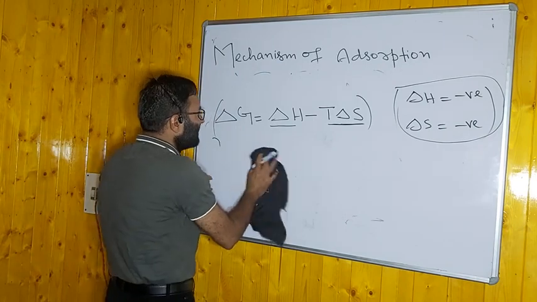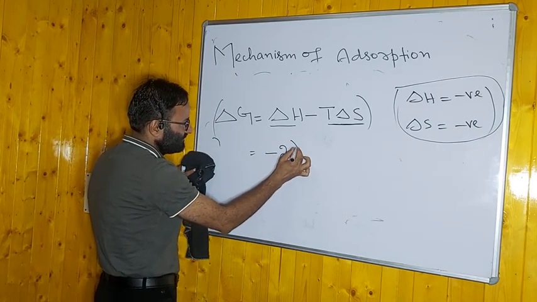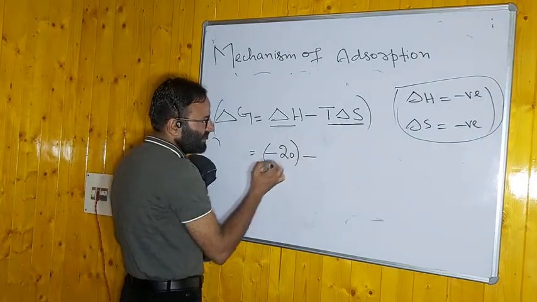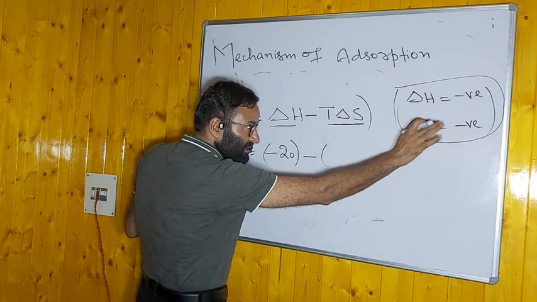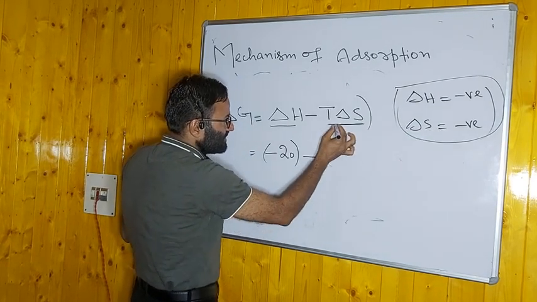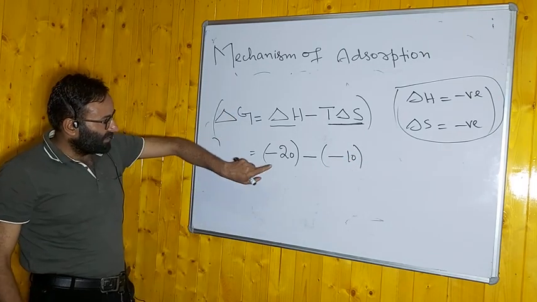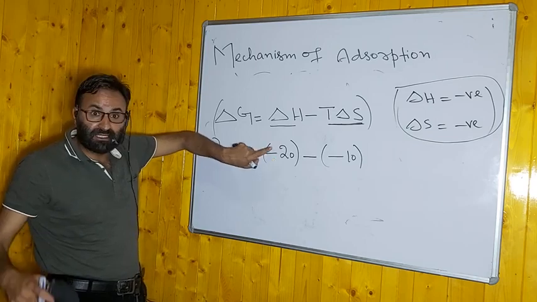For example, let us say delta H is minus 20. It is also minus delta S, so you can say this term is minus 10. It means that enthalpy delta H is sufficiently negative.